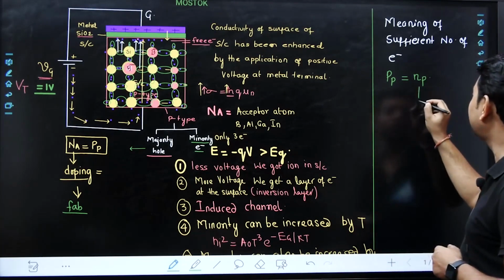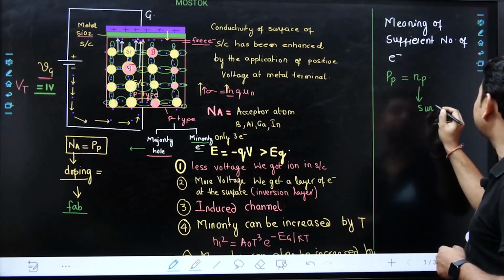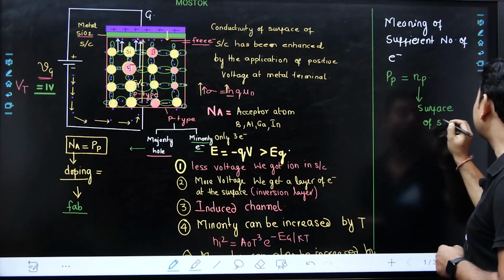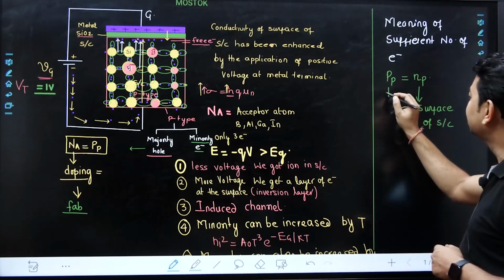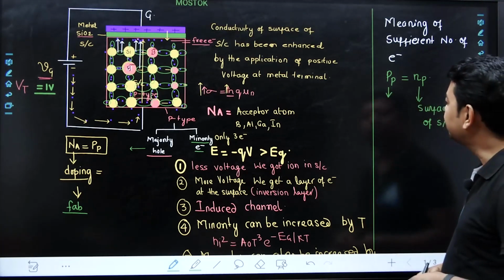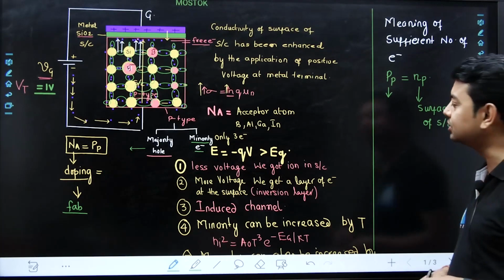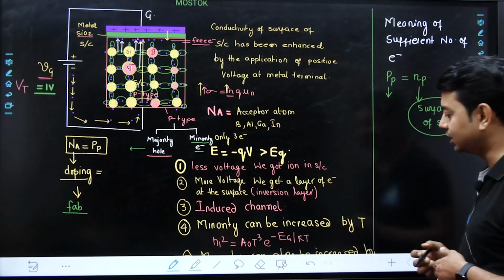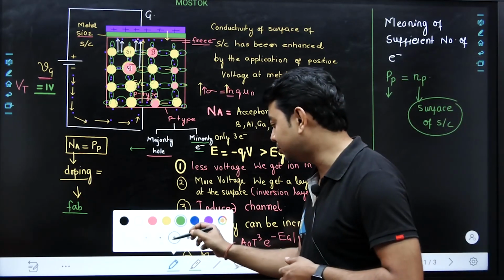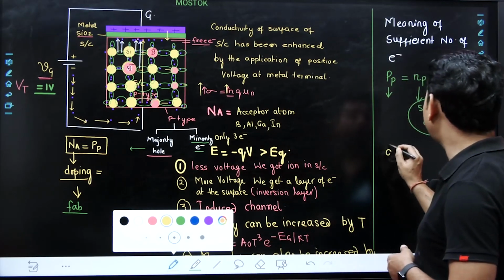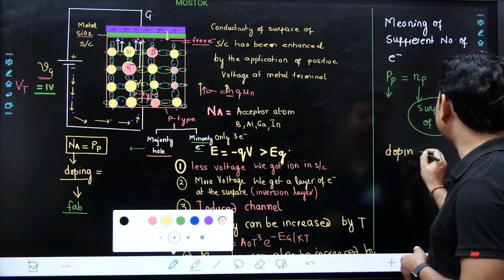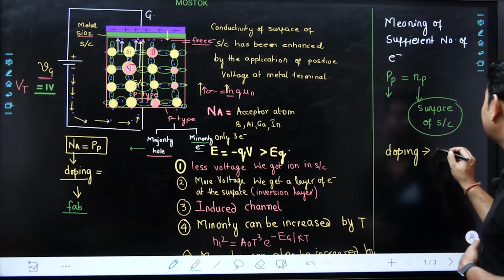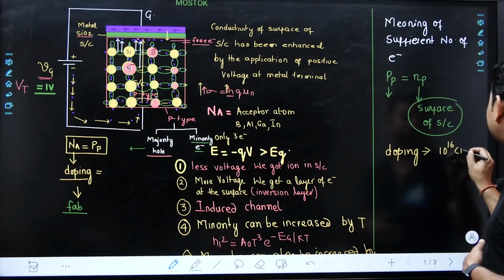So where is it present? It is present on the surface of the semiconductor. And where is this present? This is the doped majority charge carriers inside the semiconductor. So at the surface, we need the same amount of charge carriers. I will take an example. Suppose by doping, we have increased the concentration of the holes inside the p-type semiconductor to approximately 10 to the power 16 per centimeter cube.